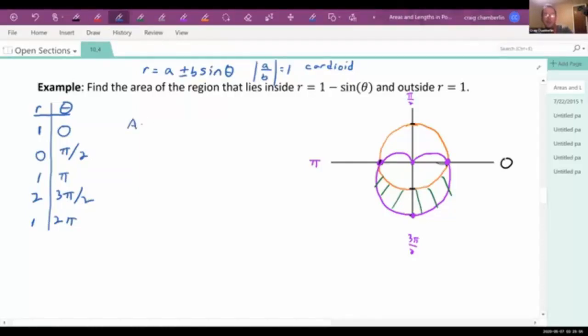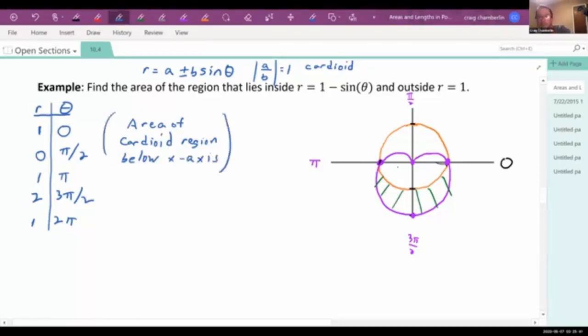So if somehow I knew the area of the cardioid that lay below the polar axis, we'll just say the x-axis, because that actually includes the negative x-axis. If we somehow knew the area of the cardioid region below the x-axis, that's more than what we're looking for, right?